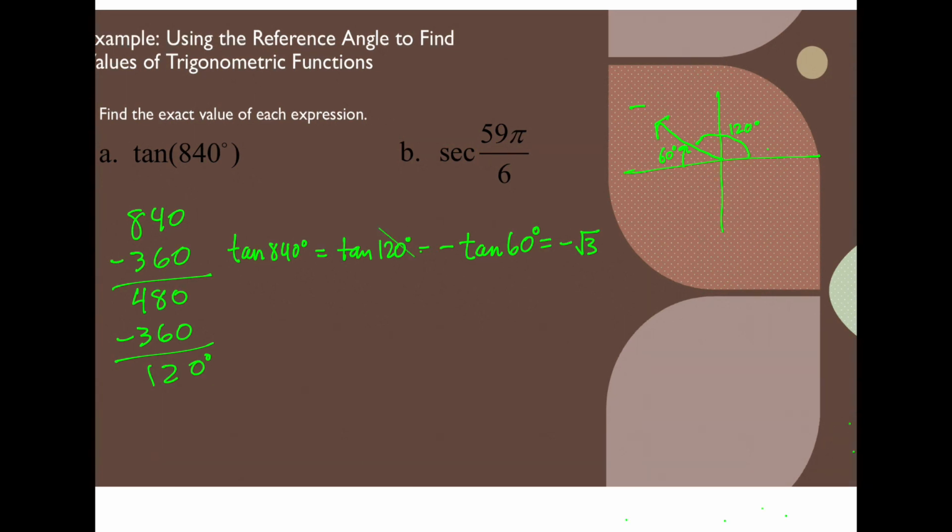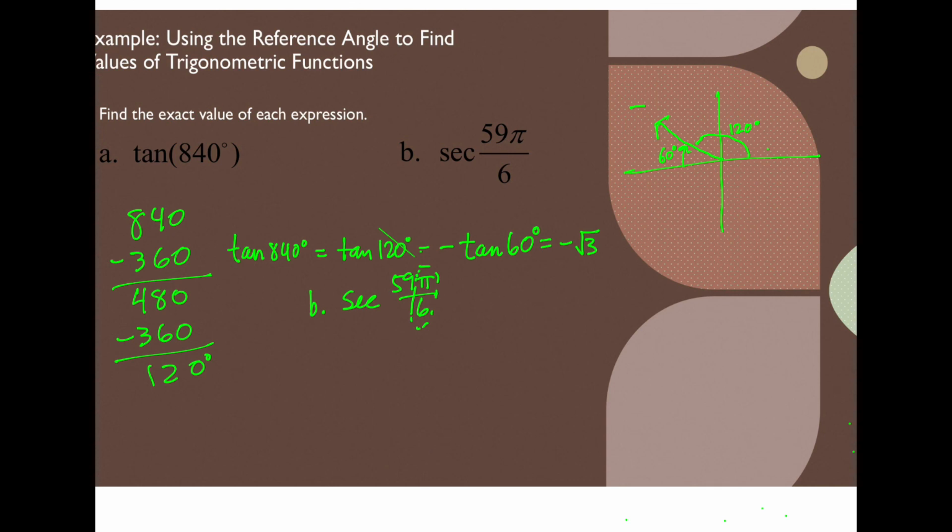Okay, so let's take a look at B there, which is the secant of 59 pi over 6. Obviously a very big number on top, not what we're used to seeing in terms of radians. We know that each rotation around is 2 pi, but remember with this 59, we need to remember it's being divided by 6.